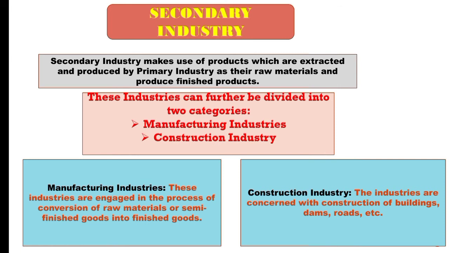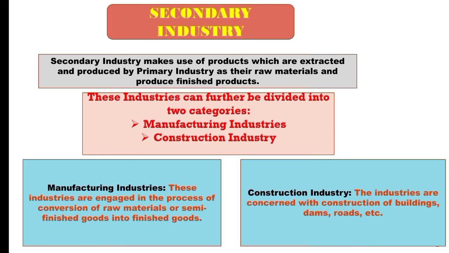Now if we talk about manufacturing industry, these industries are engaged in the process of conversion of raw materials or semi-finished goods into finished goods. So in manufacturing industry, activities such as conversion of raw material into finished goods are performed.